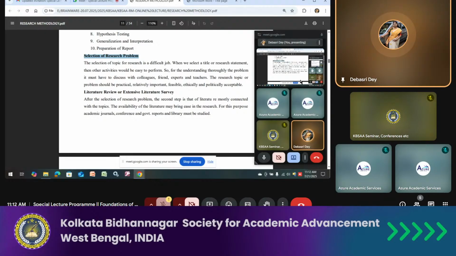Highlight means what you want to actually throw to your focused audience, focused listeners, focused viewers. There should remain a clear match with your title, with your objectives, and with your conclusion.